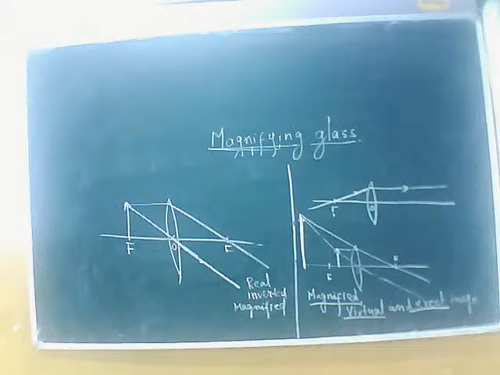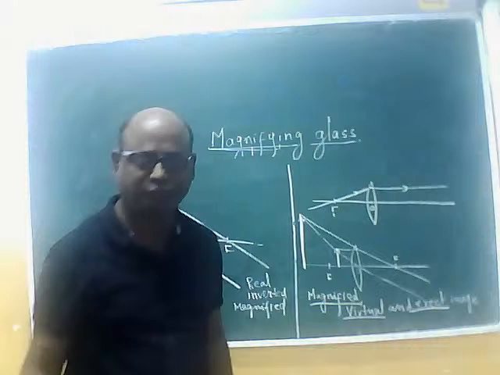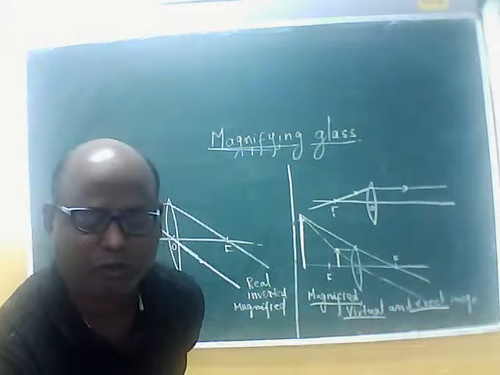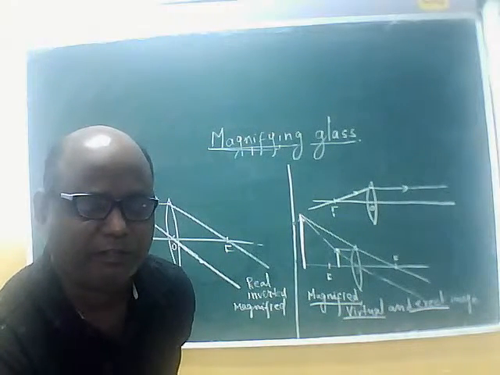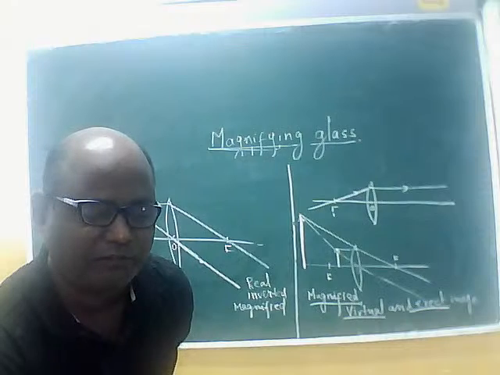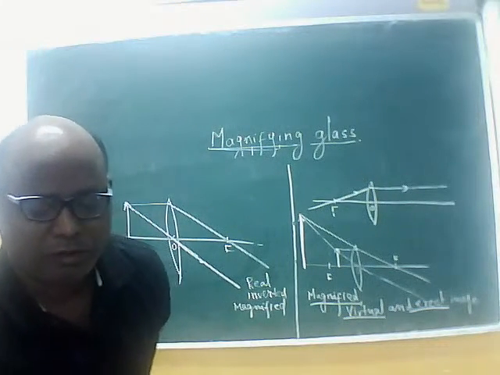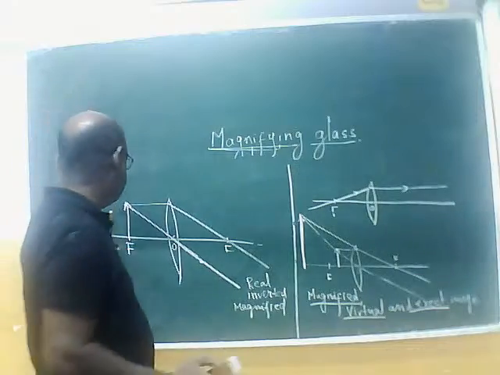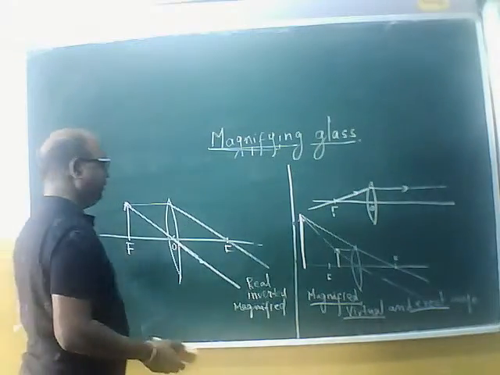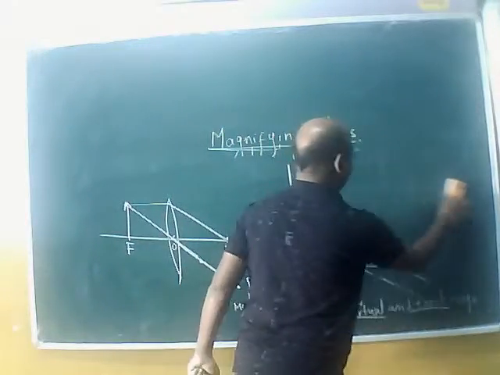Okay. Now, is it clear to all of you why we are seeing magnified images in the case of convex lenses?